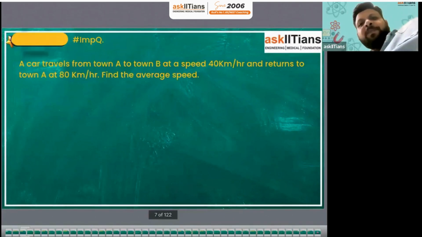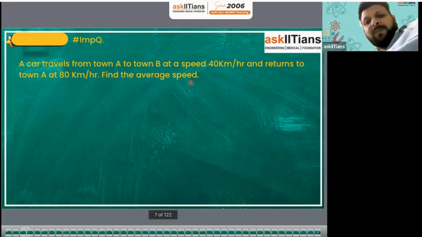Let's solve this question. A car travels from town A to town B at a speed of 40 km per hour and returns to town A at 80 km per hour. Find the average speed.